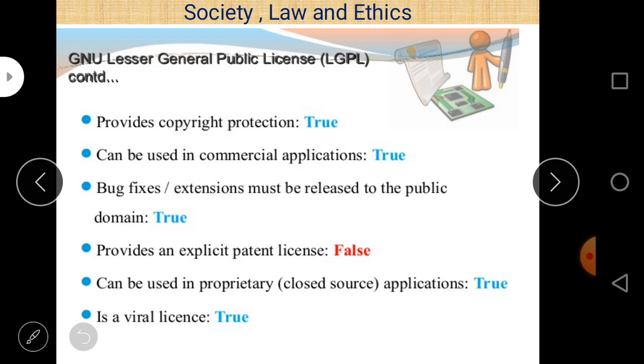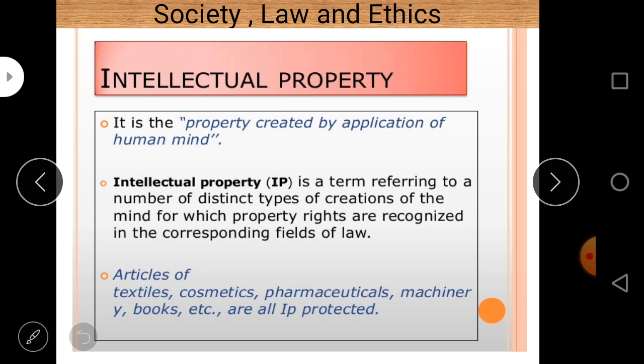Next, there are some important topics regarding societal and ethics. So let us take a quick revision. Societal and ethics, first point is intellectual property rights. First, what is intellectual property? Intellectual property is basically property created by the application of the human mind.